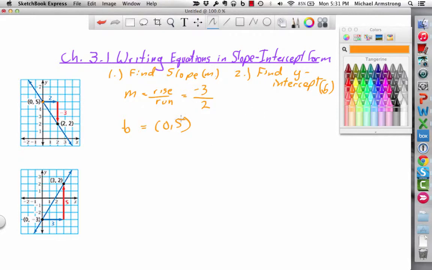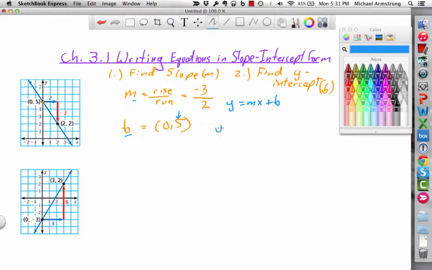And so we take this information and we can immediately write it in slope-intercept form. And I'll show you. We've got y equals mx plus b, and we just substitute this -3/2 in for the m, and we substitute the y value, which is the 5, in for the b.